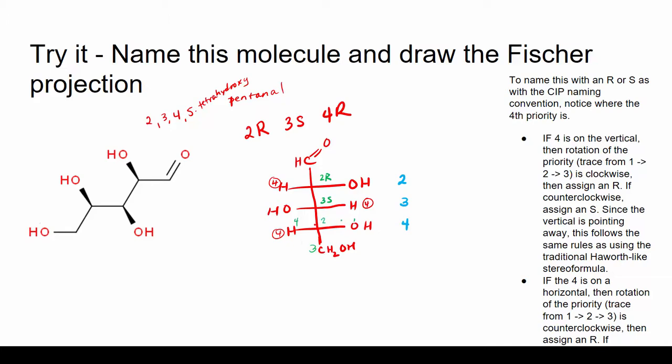Because we turn left on the Fisher orientation, number 4 on the horizontal, that makes 4 an R. So we can double check that we have everything projected correctly with the name. So this is 2R, 3S, 4R, 2, 3, 4, 5, tetrahydroxypentanal.